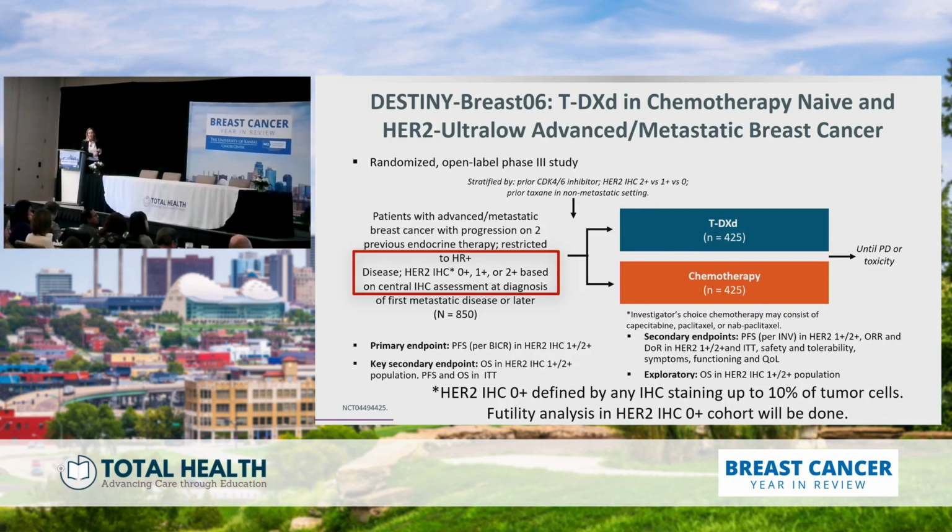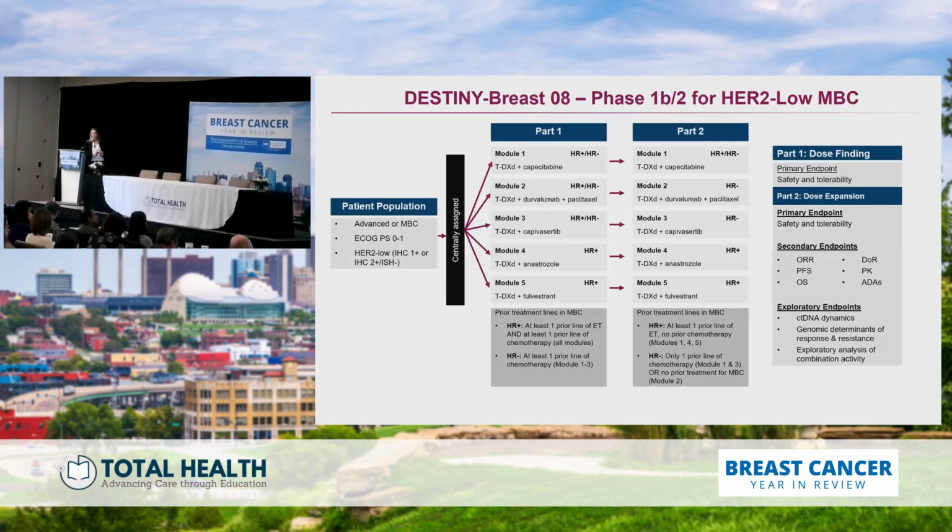This is a study that's enrolling patients with hormone receptor positive disease that's HER2 0, defined by IHC staining, of up to 10% of tumors, so they're not truly absent in HER2, they're in that 1 to 9% group, or 1+ or 2+, and those patients are being randomized to trastuzumab deruxtecan versus chemotherapy. It will be really interesting to see if this ultra-low population benefits from this strategy.